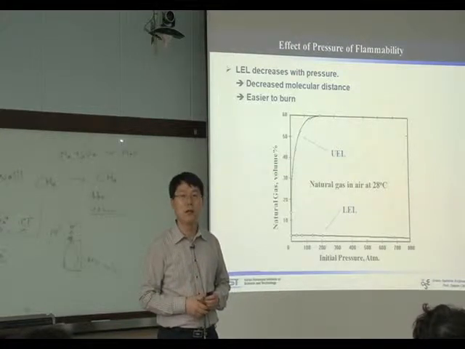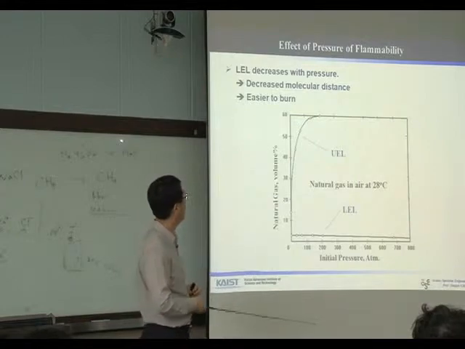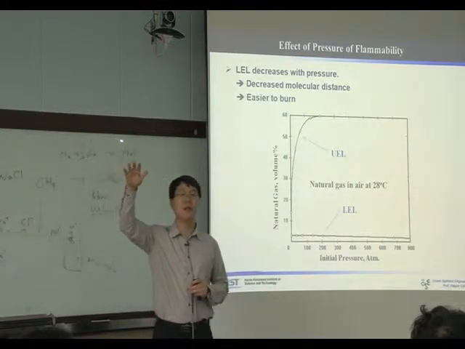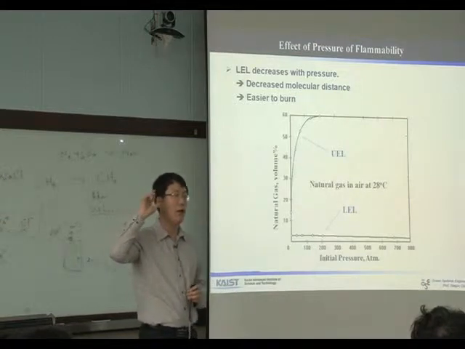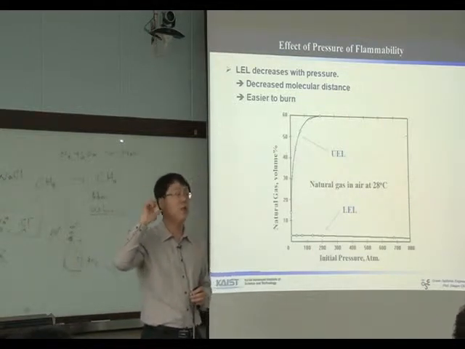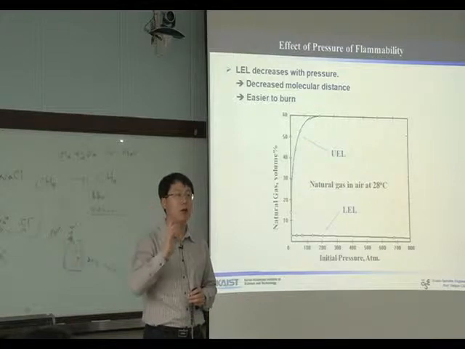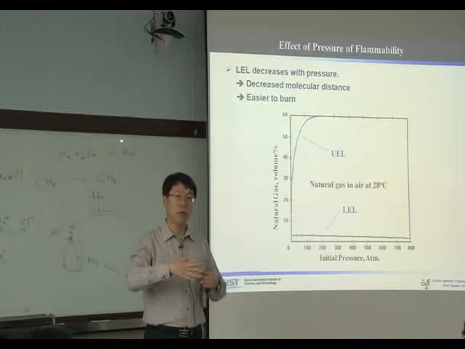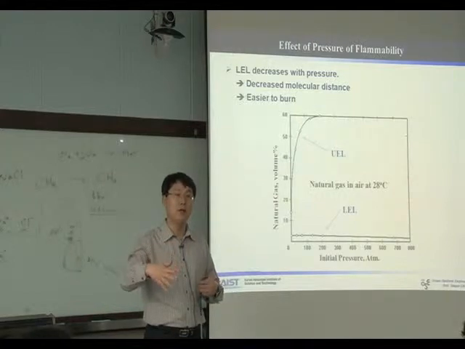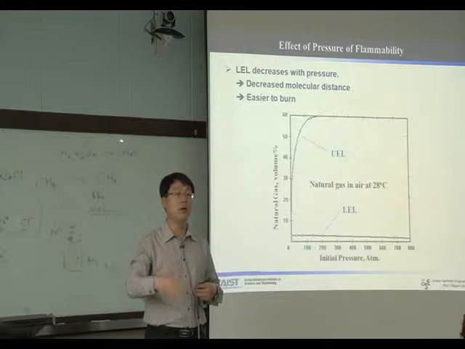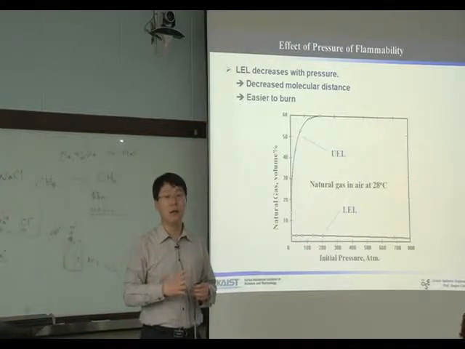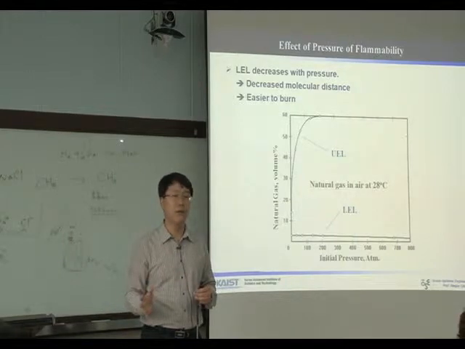How about UEL, the upper limit? LEL and UEL are confusing sometimes, but think about just that if we increase the pressure, that means the mixture of oxygen and methane is easier to burn, right?